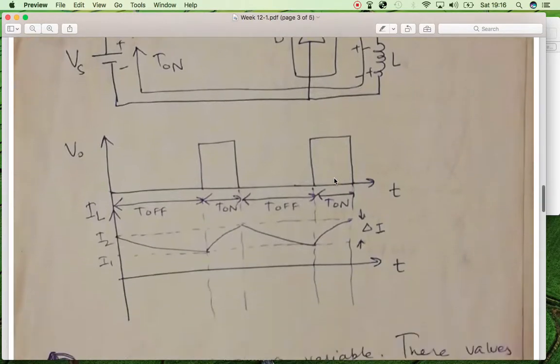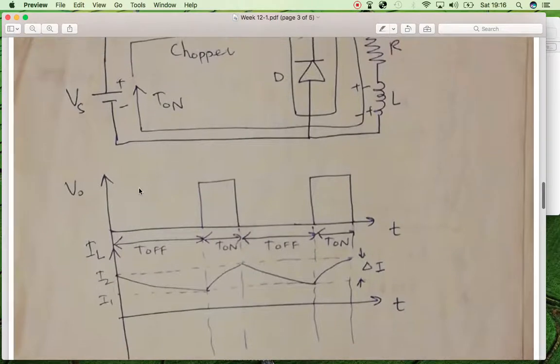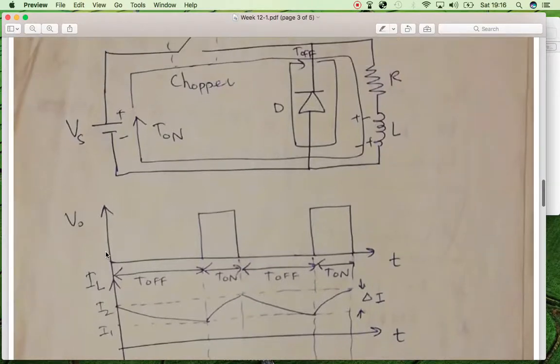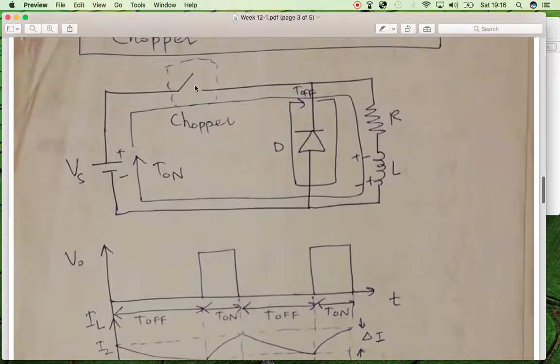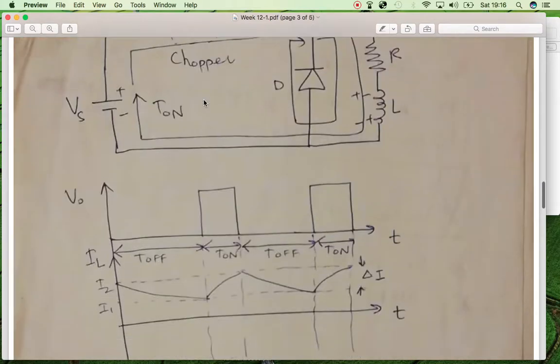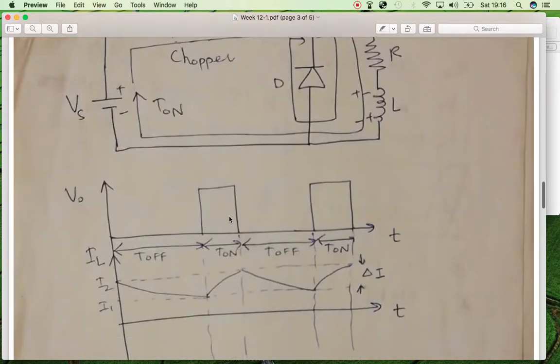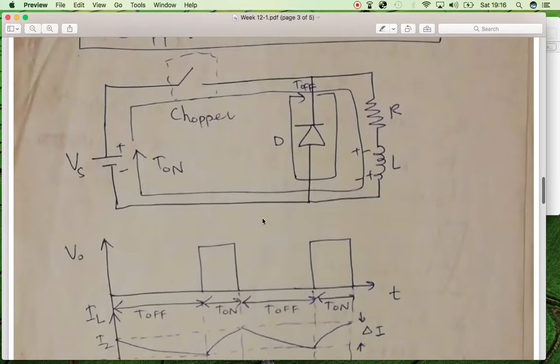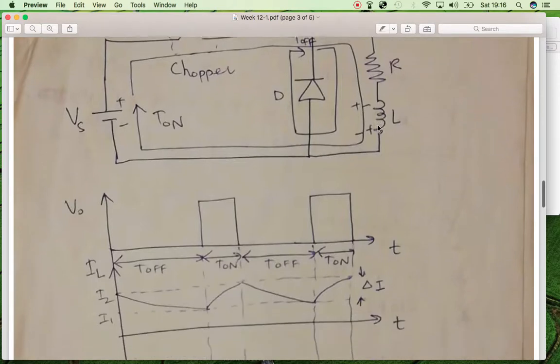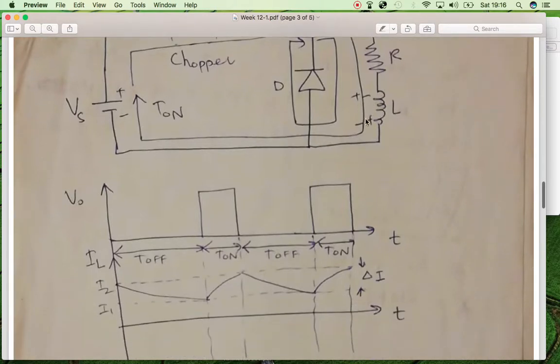So in this way, if we look at the waveforms, we can see that whenever the switch is on, it is closed, then the voltage will be appearing across the load at the output side, and whenever this switch is off, there is no voltage appearing across the load, and the inductor is behaving as a current source.